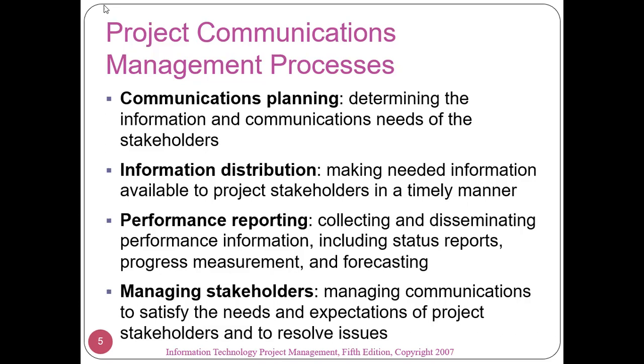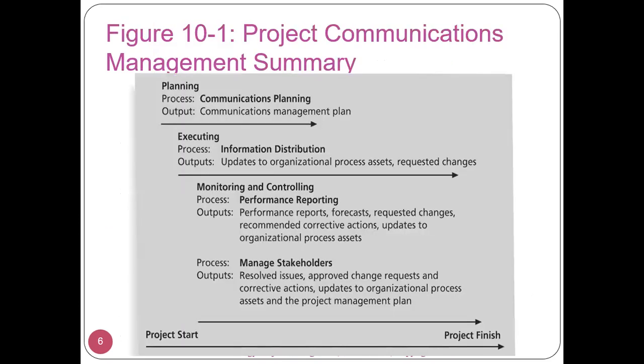For managing stakeholders, the output of this process are resolved issues, approved change requests, corrective actions, and updates to organizational process assets and the program management plan. Now, this figure summarizes these processes and outputs, showing when they occur in the typical project.